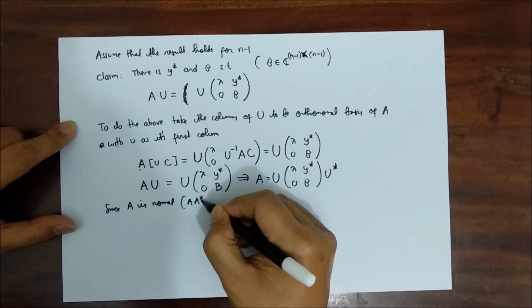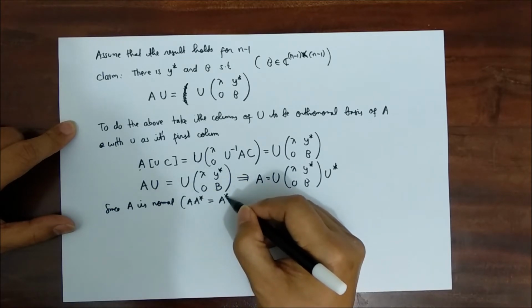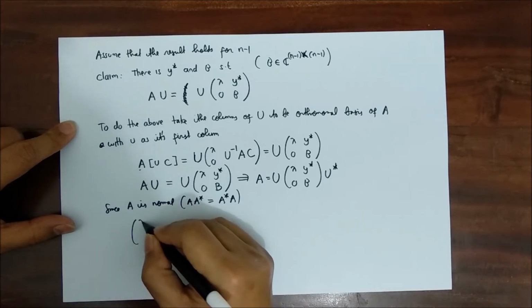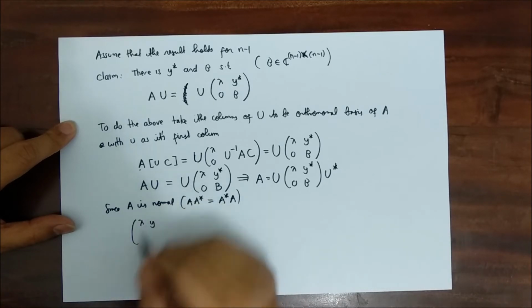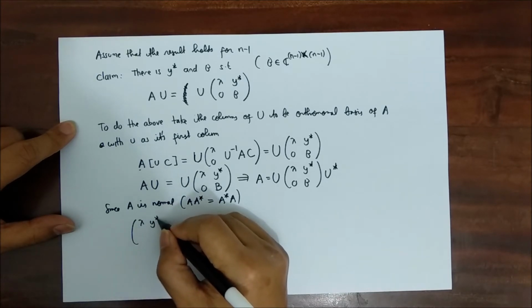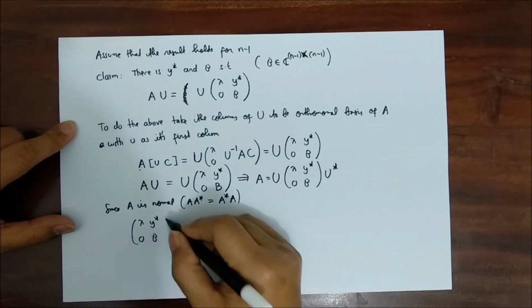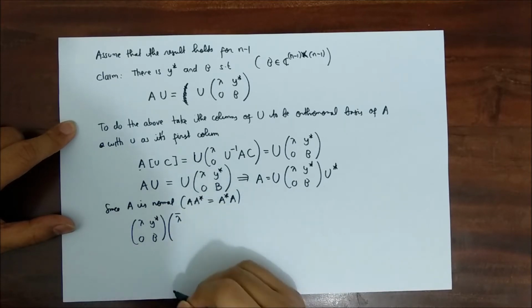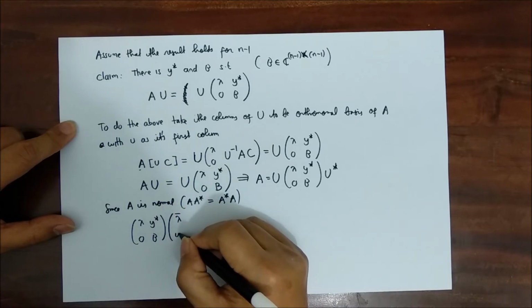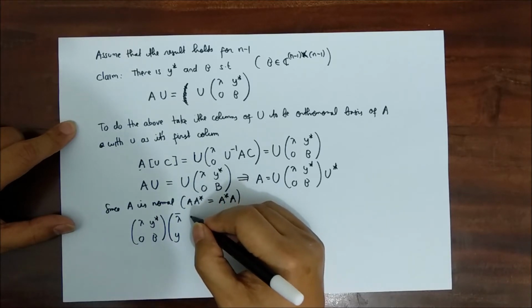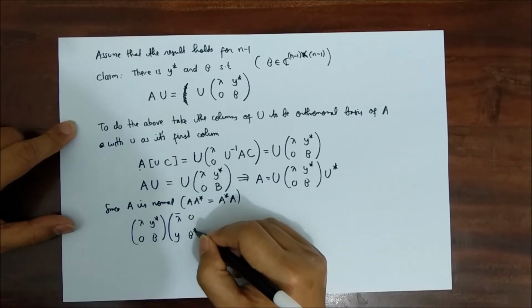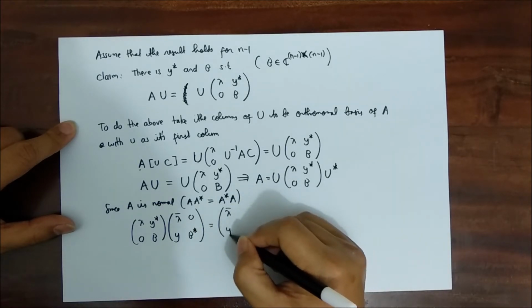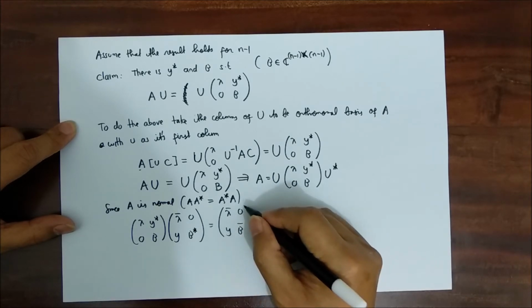So then we will have (lambda, Y star; 0, B) times (lambda bar, 0; Y, B star) is equal to the other way around.